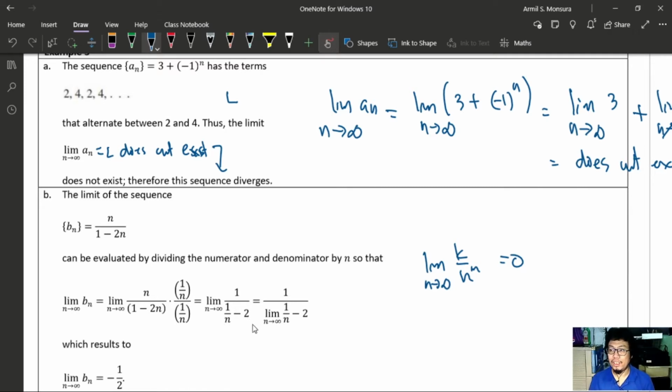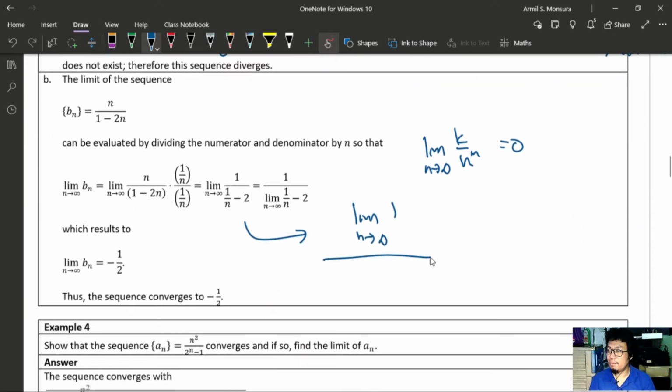Using both the division and the addition property of limits, I can rewrite this as the limit of 1 as n approaches infinity, divided by the limit of 1 over n as n approaches infinity, minus the limit of 2 as n approaches infinity. This is 1, and this is 0, again, the limit of 1 over n raised to k over n raised to m. 1 over n is one example of that.